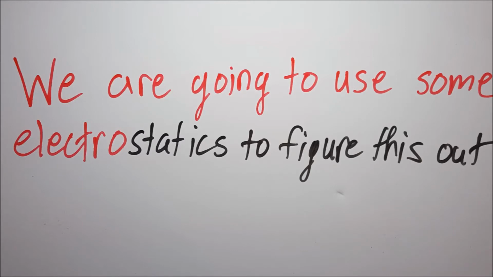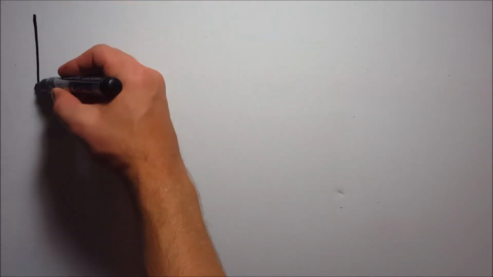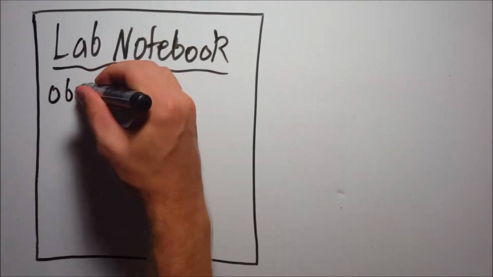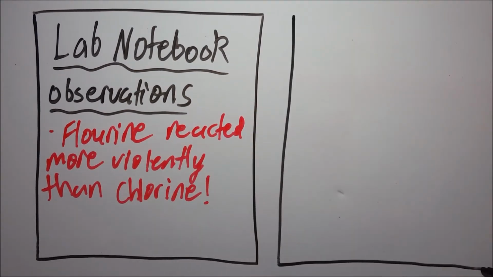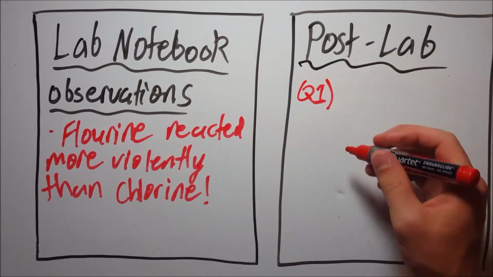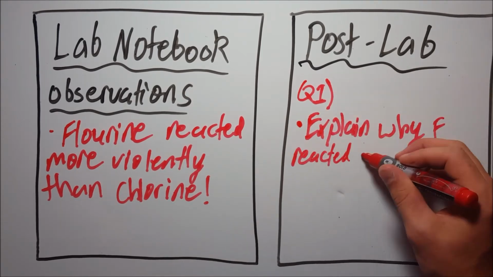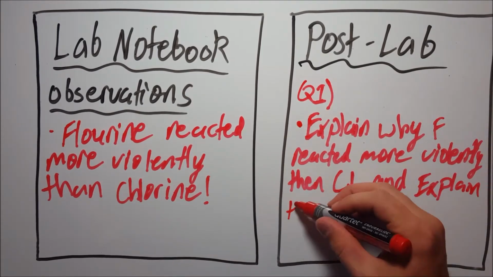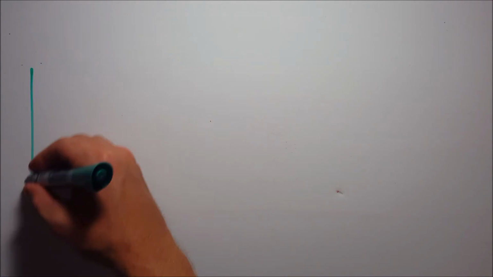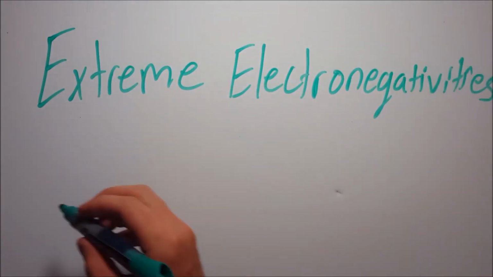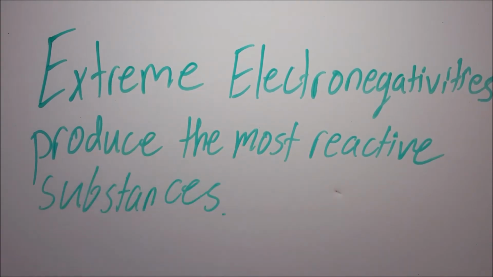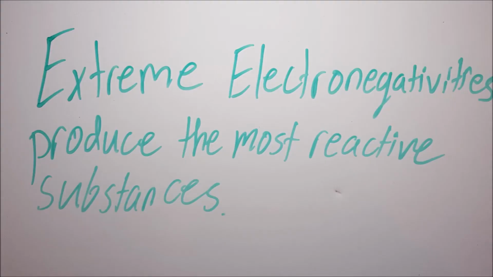Let's say we did an experiment where we observed fluorine reacted more violently than did chlorine, and the post-lab asked us to explain why fluorine reacted more than chlorine and then explain this trend that the experiment revealed. On the surface, we can remember that extremely low or high electronegativities produce the most reactive elements.